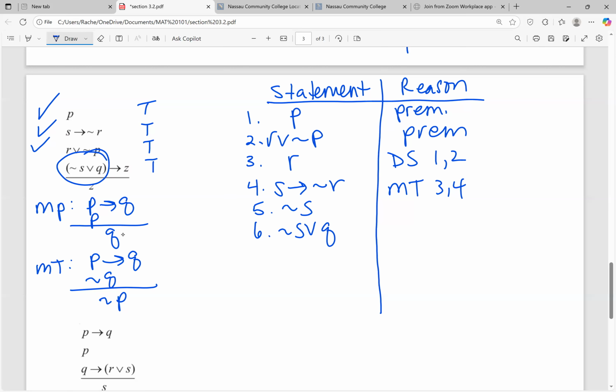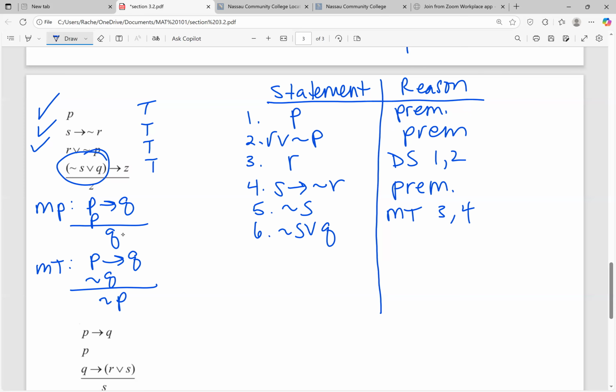And wait, I just realized here, let's back up a minute. 4 here was a premise. I forgot to write that down. So 4 is a premise, right? S implies not R. And then not S we got from modus tollens on 3 and 4.